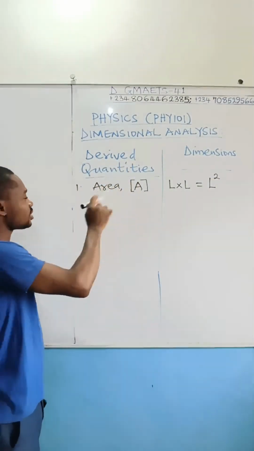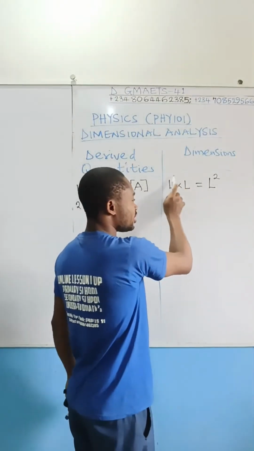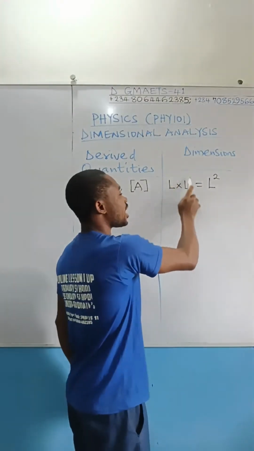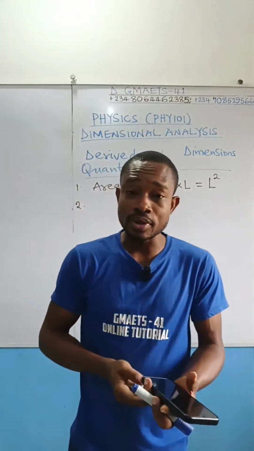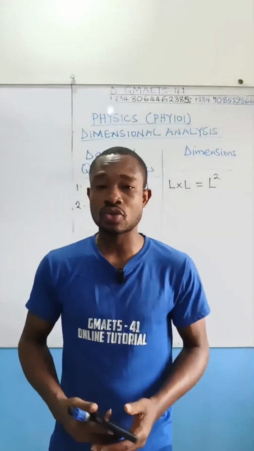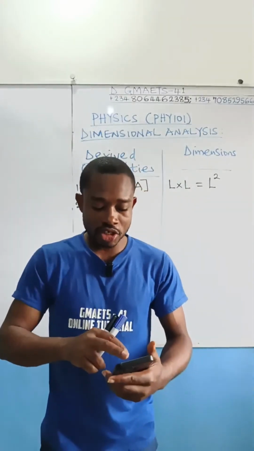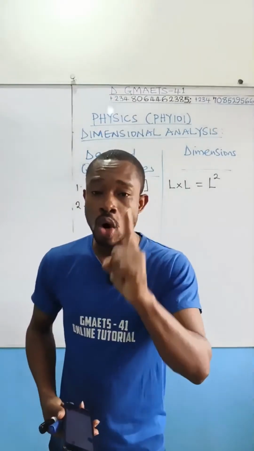As simple as that. Mind you, you can never write it like this. It's not allowed. You see, each symbol in dimensional analysis should appear only once. I repeat, each symbol in dimensional analysis should appear only how many times? Once.